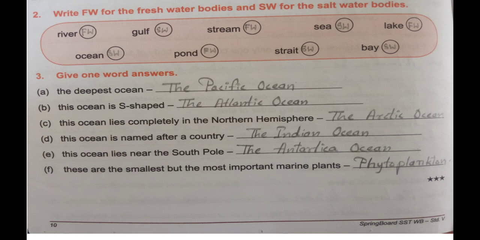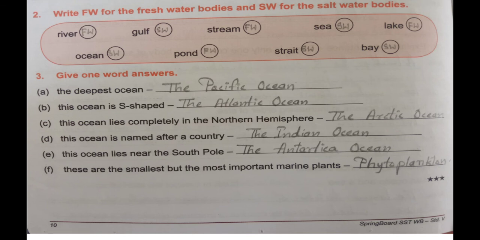Next, C1: this ocean lies completely in the northern hemisphere. Which one? That is the Arctic Ocean. Next, this ocean is named after a country.